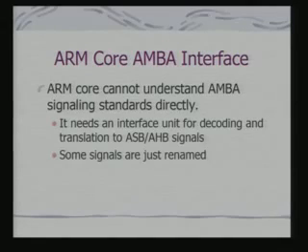So, typically you need an interface unit for decoding and translation to ASB or AHB signals. Some signals may be just renamed when it is directly there. This is what is important when I am using an IP core. If I choose to design an IP core compatible with the bus, I need to also define the interface unit which will make the core compatible with the bus.